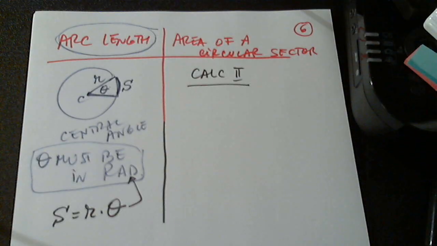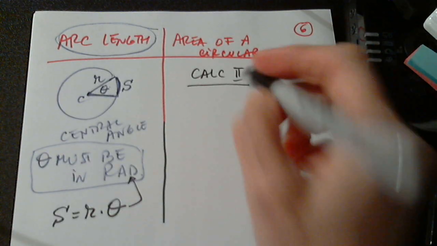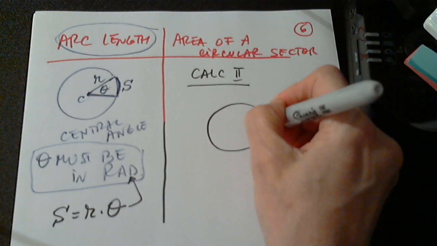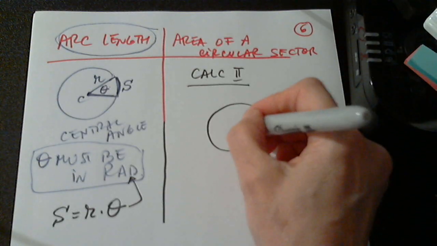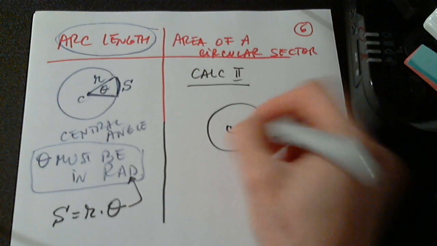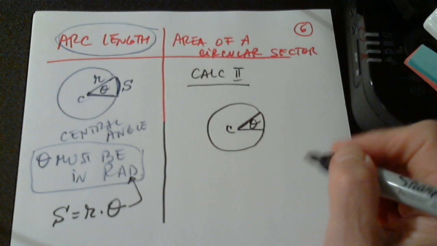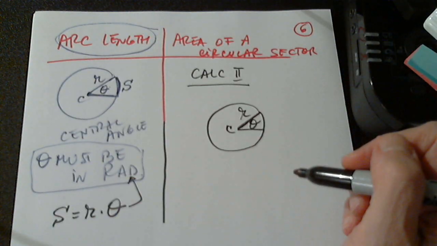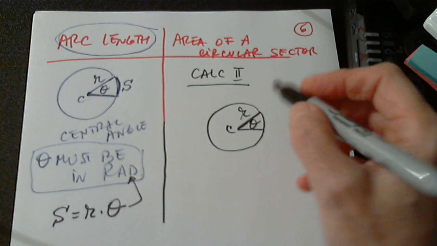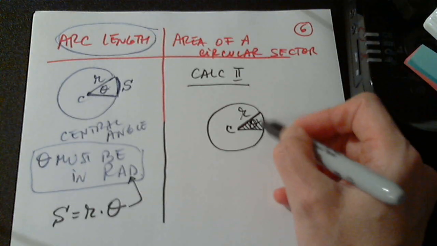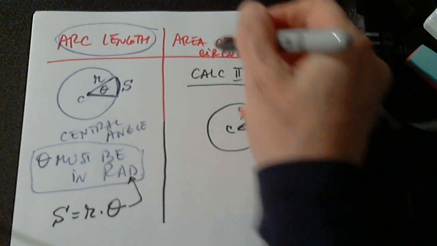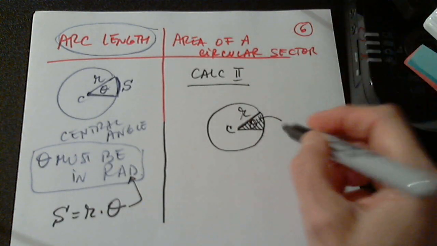Okay, I don't want to skip this. So let's take a look. Again, I have a central angle. Again, the angle is theta. I do have the radius. And this piece is what is called the circular sector.